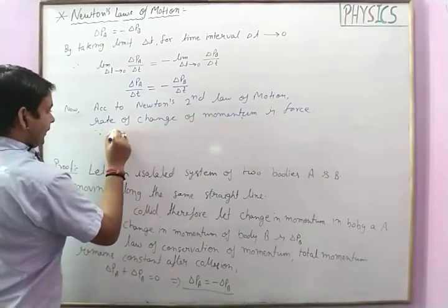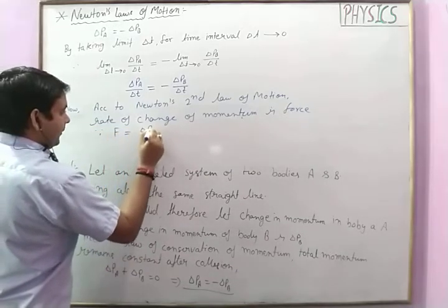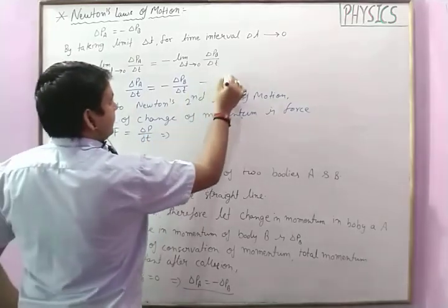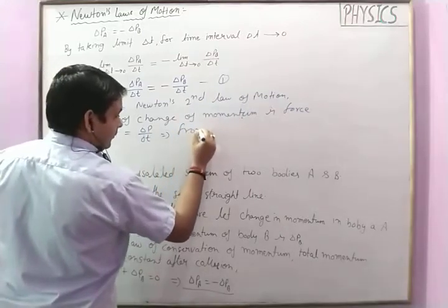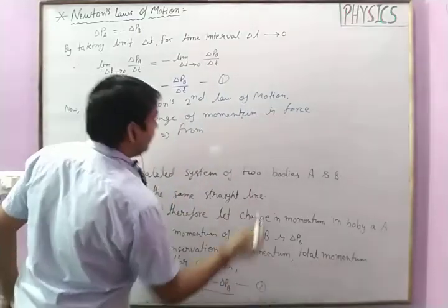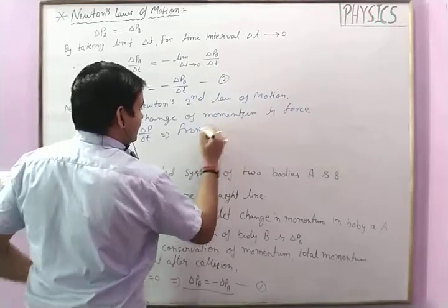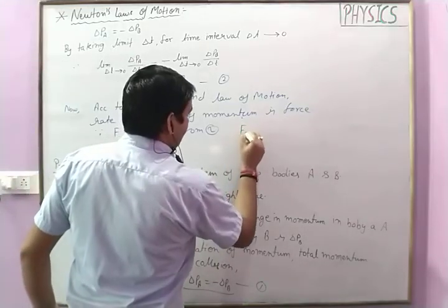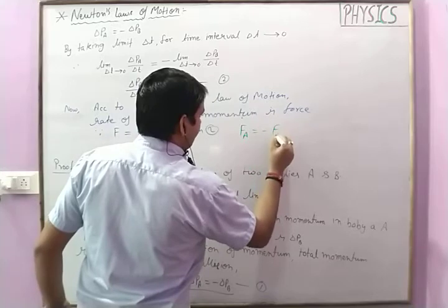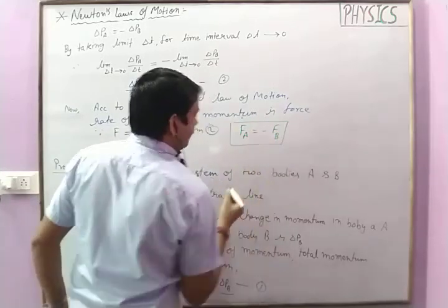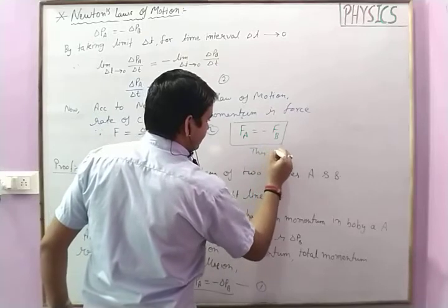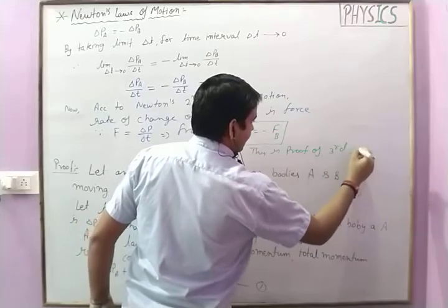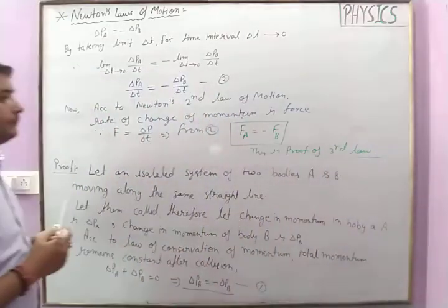That is, F is equal to del P upon del T. Therefore, this is the first equation, this one is second. From the second equation we get a relation FA is equal to minus FB. This is the proof of the third law.